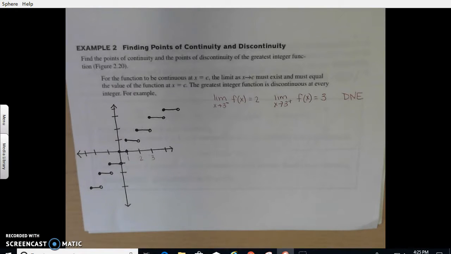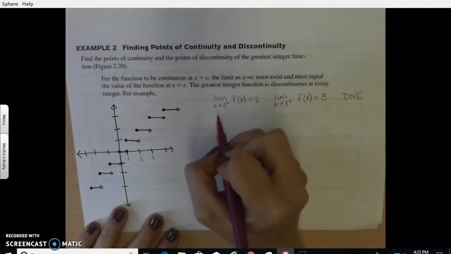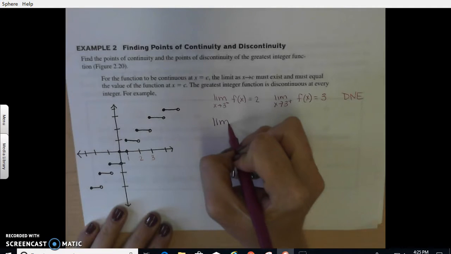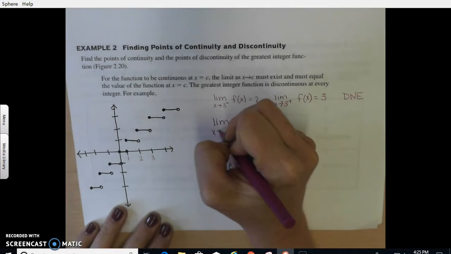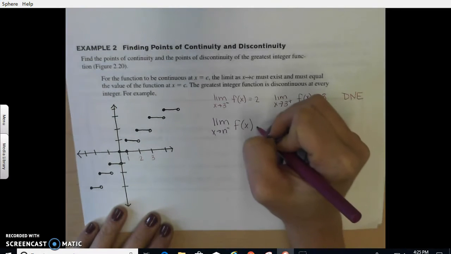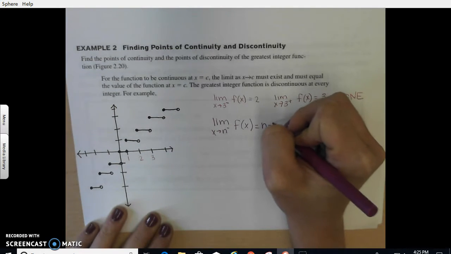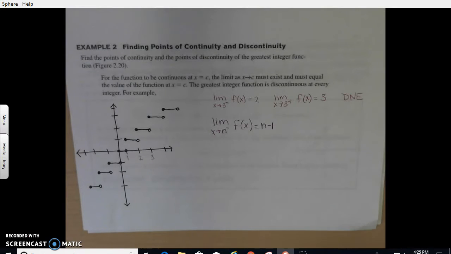Now if we talk broadly, where n is any integer, if we are finding the limit of the function as x approaches n from the left, it's going to be n minus 1, or 1 less than n.